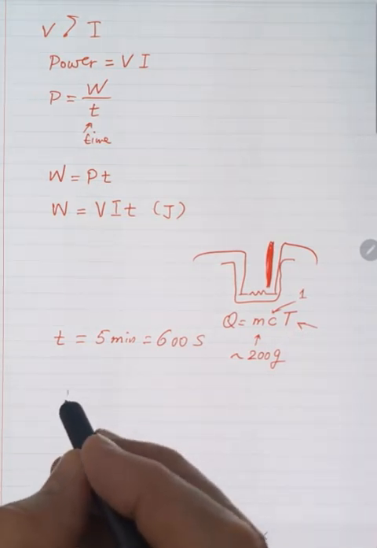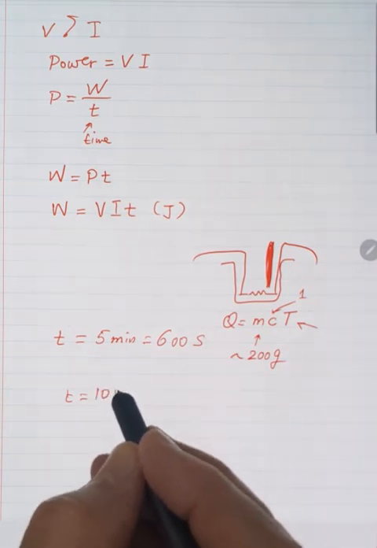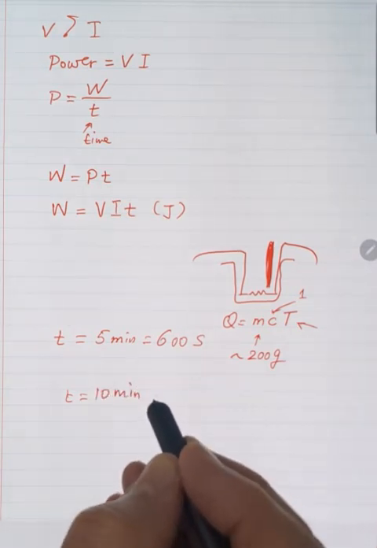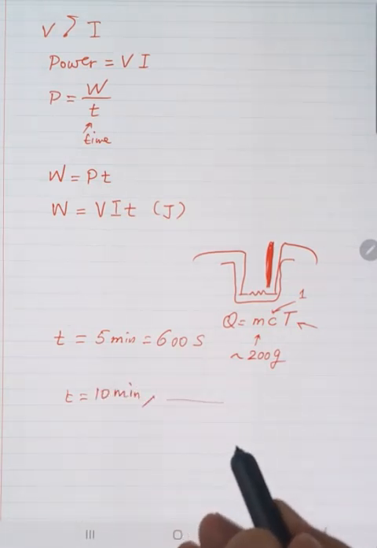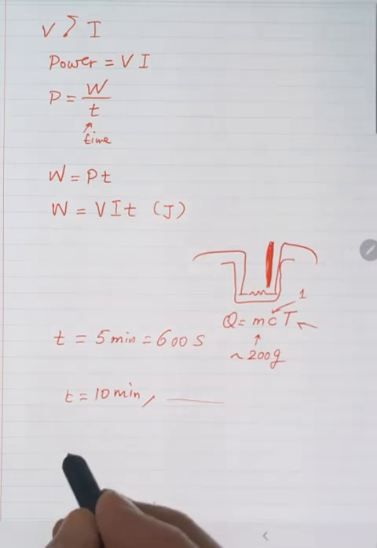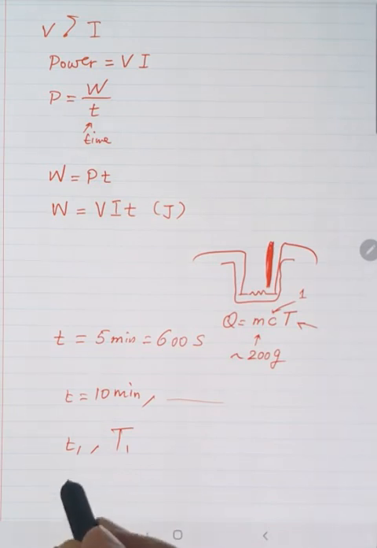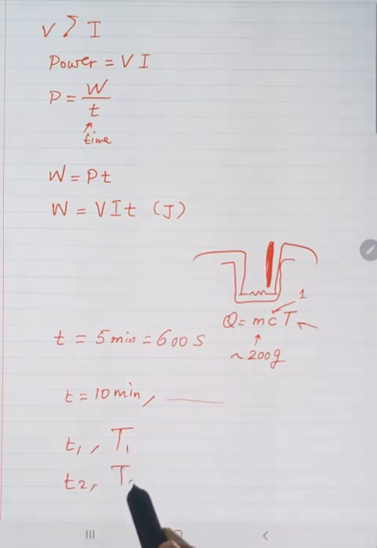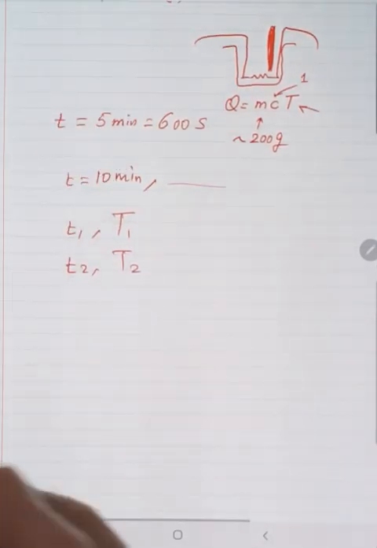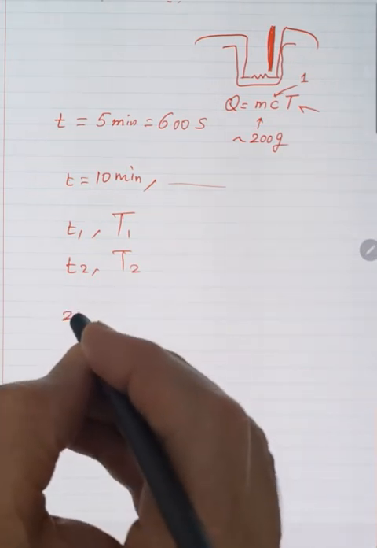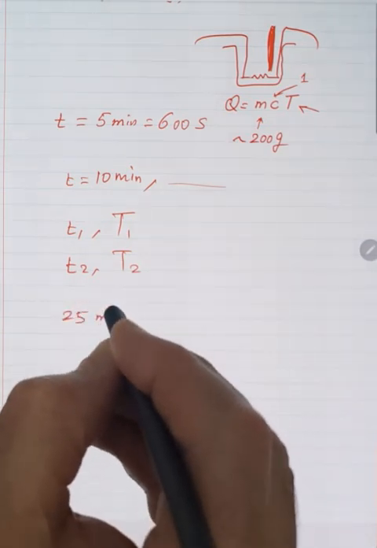Then at time equal to 10 minutes, we also take a measurement of the temperature. So we have T1, T2, etc., until we reach 25 minutes.